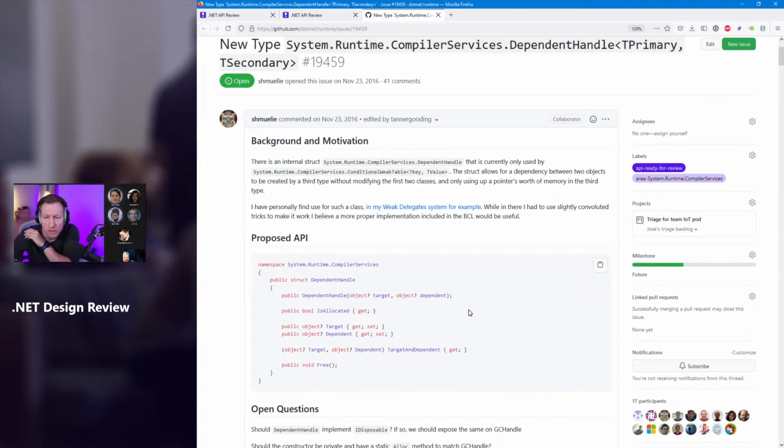Target and dependent is what was landed on rather than primary and secondary in the discussions below between Jan, Mayoni, and the interested parties that want this exposed. I don't really like either of those names, but I don't have better suggestions. It's the fairly standard name for this type of thing.